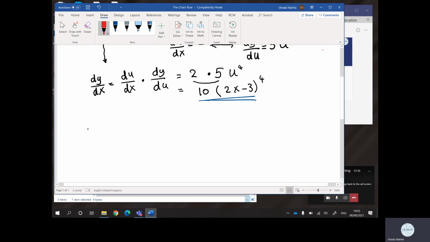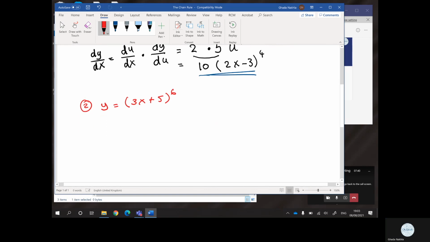So let's try another one, question 2, and let's go y equals (3x plus 5) to the 6. And this time we are going to apply the quick chain rule.